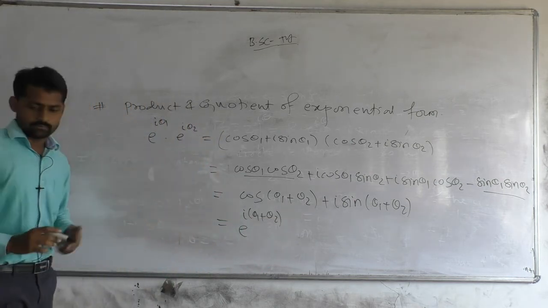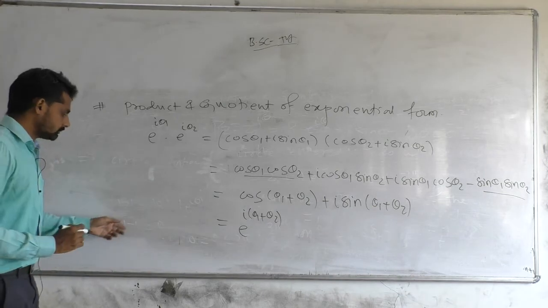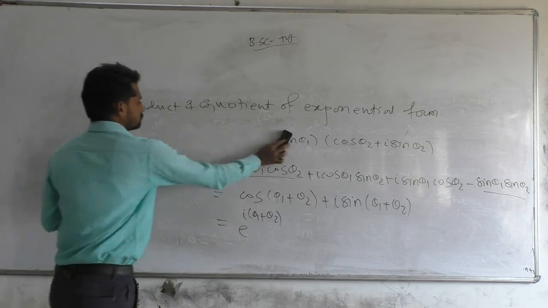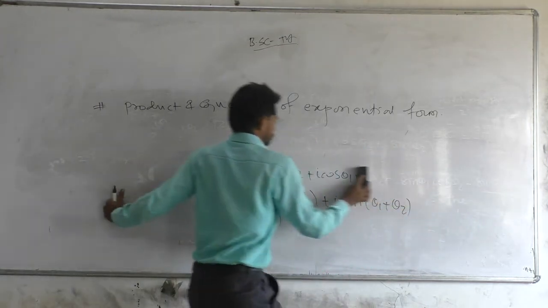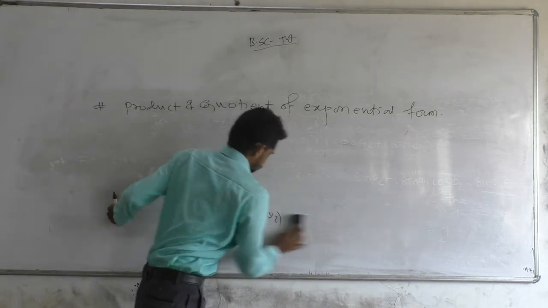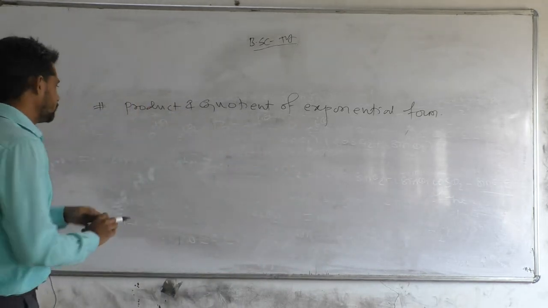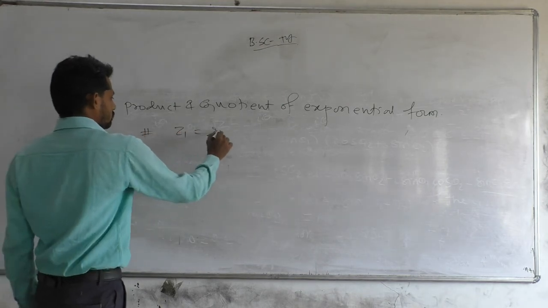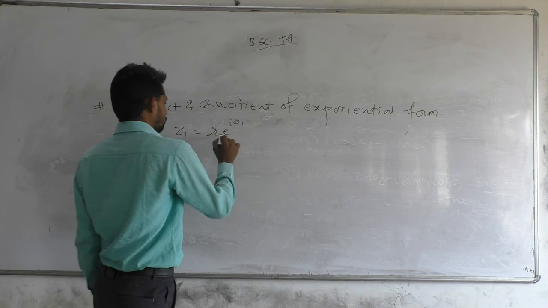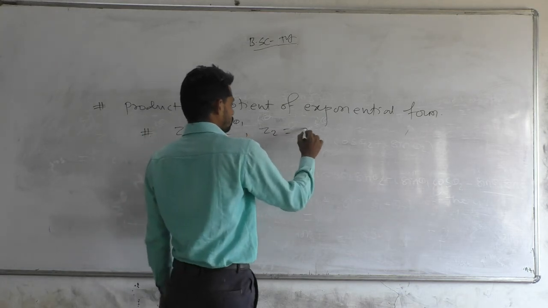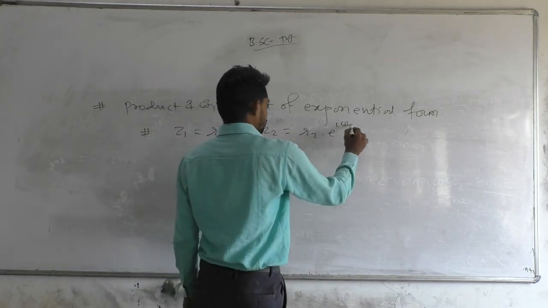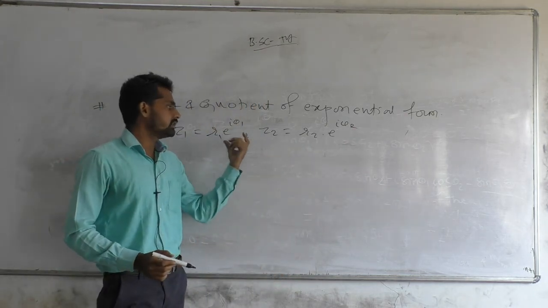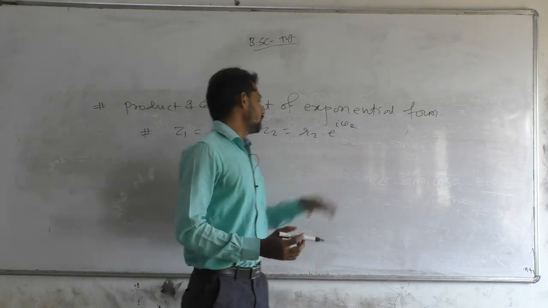Also from this we can write, now consider z1 is equal to r1 e raised to i theta 1 and z2 is equal to r2 e raised to i theta 2, the two complex numbers whose exponential forms are r1 e raised to i theta 1 and r2 e raised to i theta 2.